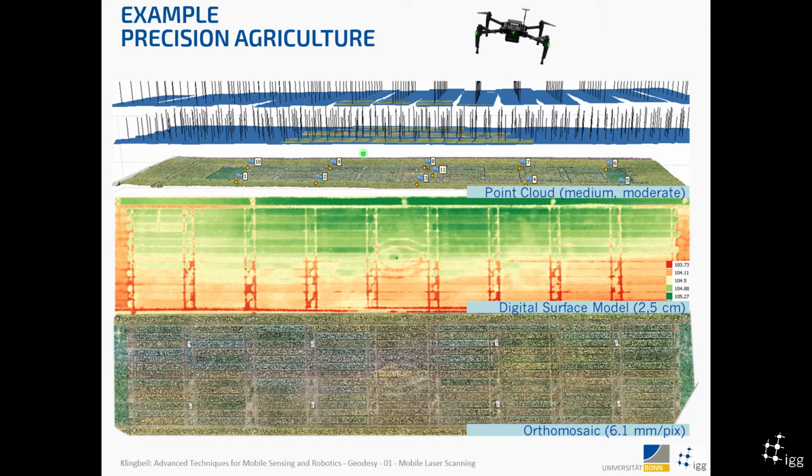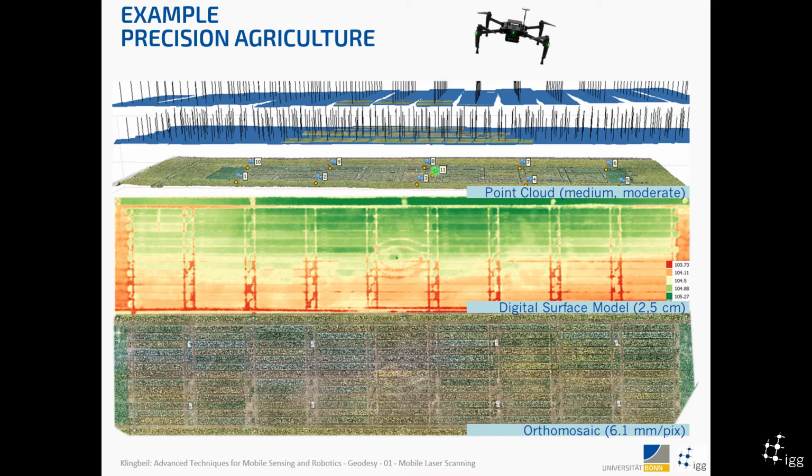So in this case, the example that is shown here is again geometric information. What we do is we fly over the field with a certain pattern, take many images and then process them to get a 3D point cloud of this field, which can be seen here. This is 3D information.